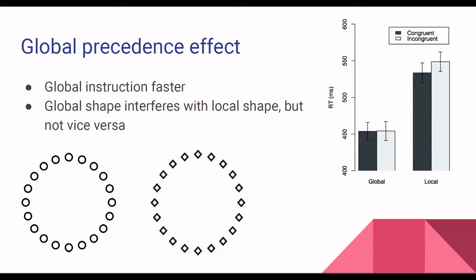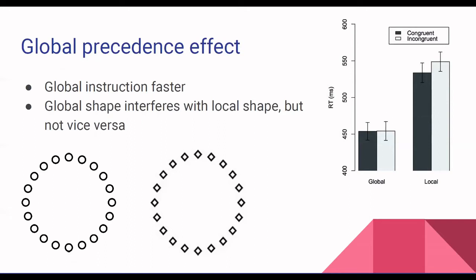We can see on the graph one more interesting detail, and that is another effect. When observing the local level, we can see that there is a difference between the congruent and incongruent conditions, and that the responses for the congruent shapes on the local level are much faster than the responses for the incongruent shapes. And what is happening here? The global shape is affecting the speed of identification of the local elements when the local level, of course, is attended.